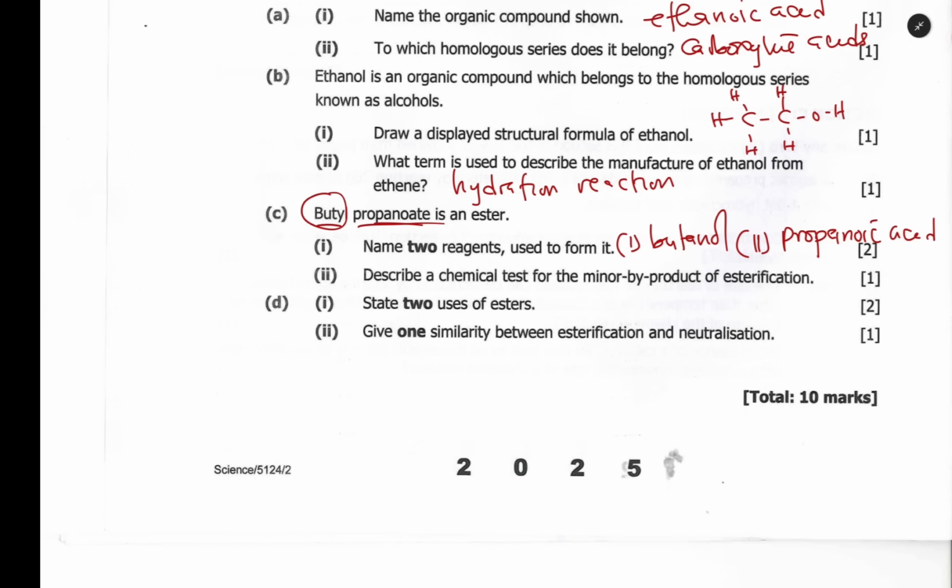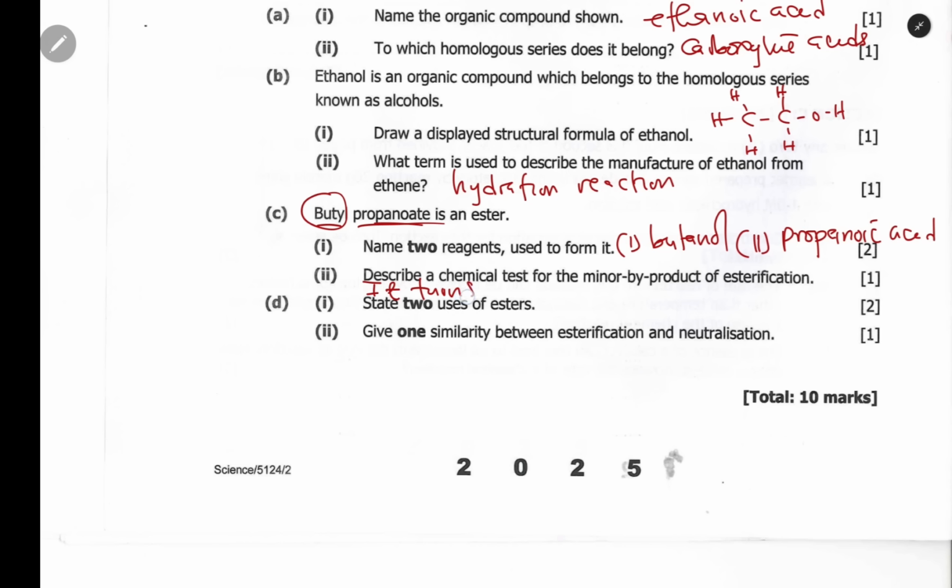Describe the chemical test of the minor product of esterification. So the minor product of esterification is water. So what is the identity test for water?